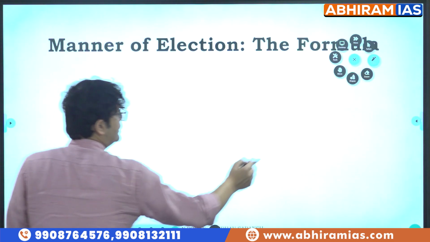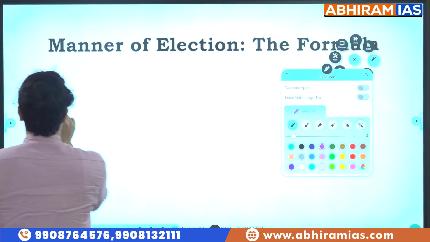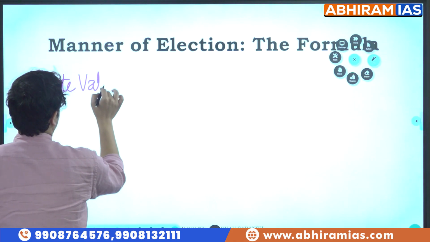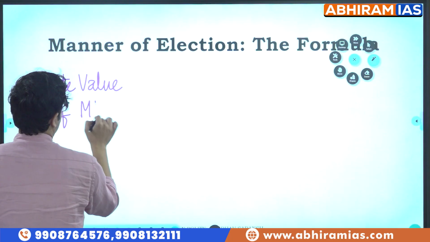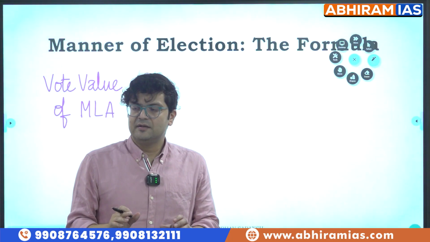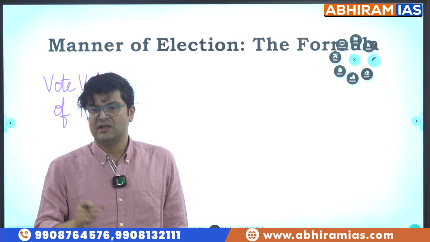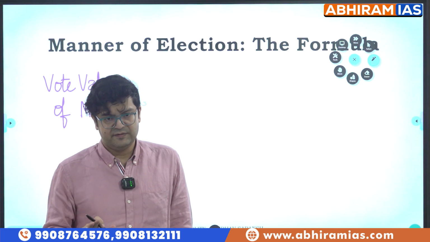So, the vote value for MLA firstly. Very easy. We take the population of the entire state and divide that population by the number of elective seats, or number of MLAs in the state.